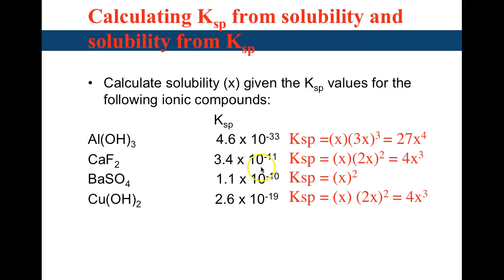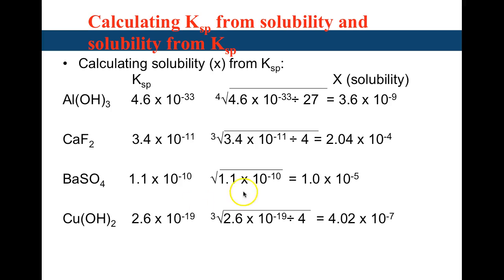Again here, 3.44 times 10 to the power negative 11 divided by 4, and then take the cube root of that answer. This one is just a square root. Just take the square root and you will get the value of x. Here you divide this by 4 and then take the cube root.